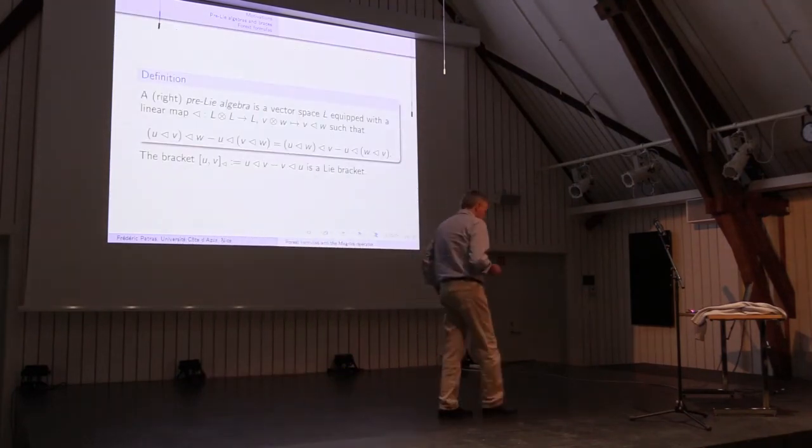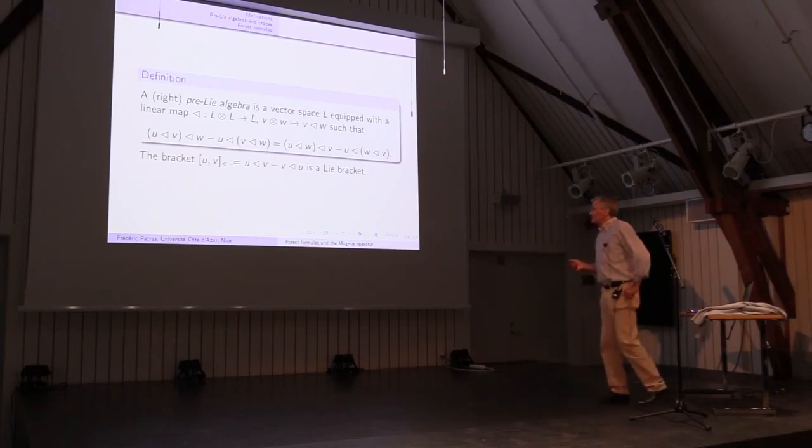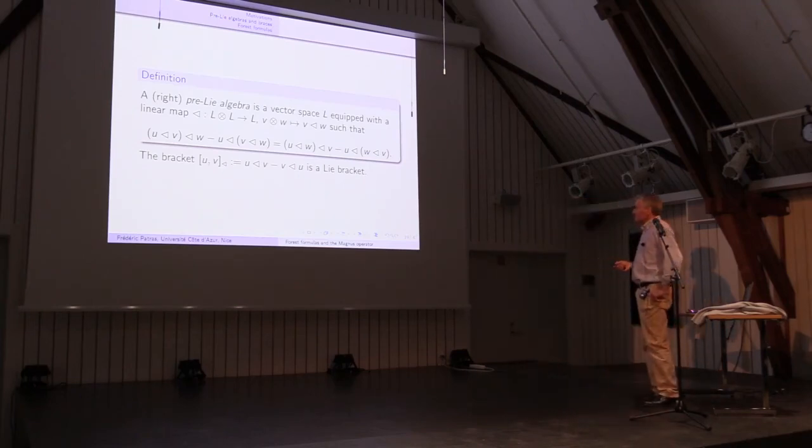So what is a Pre-Lie algebra? A Pre-Lie algebra is a vector space equipped with a linear map from L tensor L to L, so a bilinear map, which satisfies this property. If you look at the associator for this triangle product, for the elements U, V, and W, you look at the associator, you exchange W and V, you look at the associator for U, W, and V, you want the identity of the two associators.